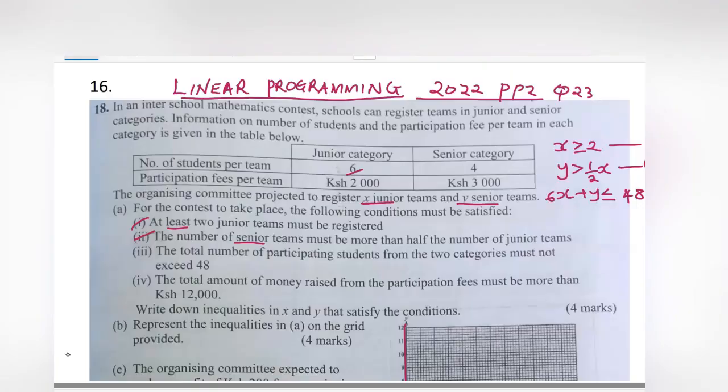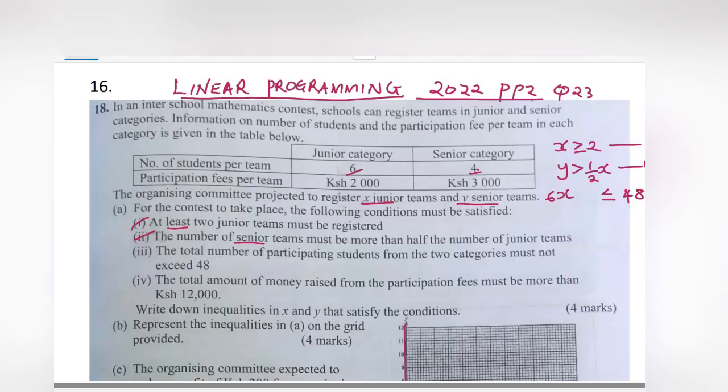And from the senior category we have 4 students per team, and remember we have Y senior teams, so we are going to have a total of 4 times Y, which is 4Y.